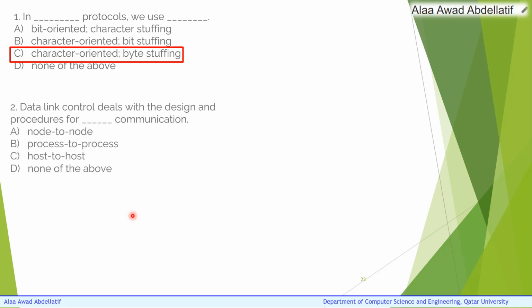Data link control deals with the design and procedure for node to node communication.